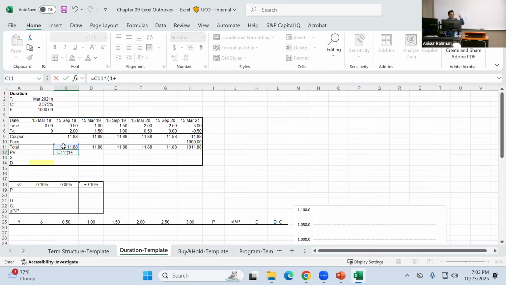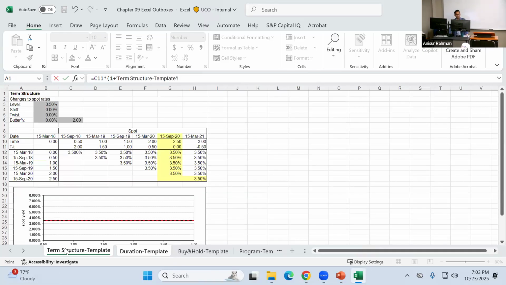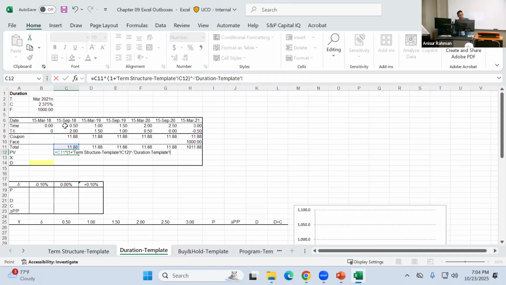Back on the term structure. Exactly. We need to go to the term structure. So this is our interest rate. Now close, raised to the power minus, come back to duration, raised to the power n. This is the time.